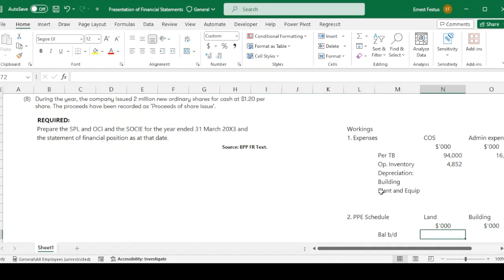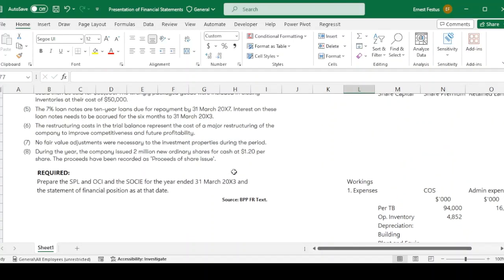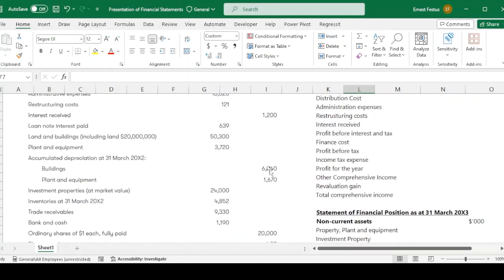All right, so this is how the PPE schedule works. We'll actually have cost, and then we also have depreciation. We are going to look through the trial balance and fish out the cost of the assets. For land it is 20 million, whilst buildings is 30, so this is 50,300,000. So 20 million out of the 50,300,000 relates to land.